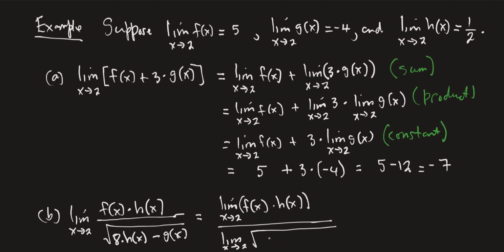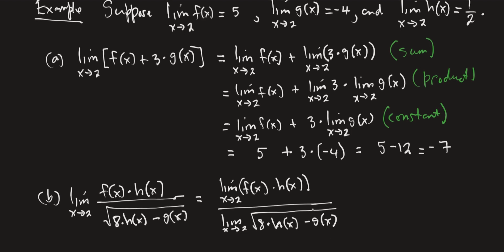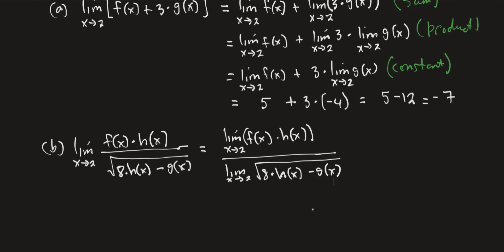So first, again, this is the property with the quotient, where you can take the limit of the numerator and the limit of the denominator separately. For the numerator, we can break it down even more. We can take the limit of the product. So the limit as x approaches 2 of f of x times the limit as x approaches 2 of h of x, right? So that's our product property.